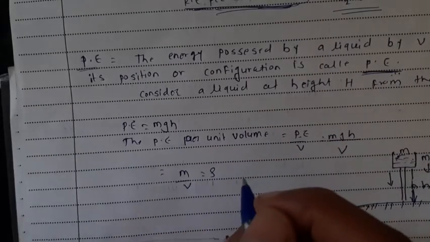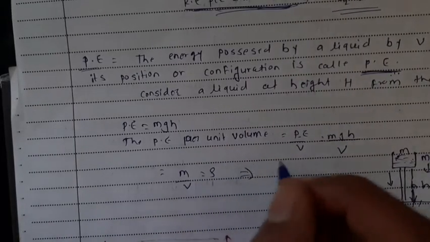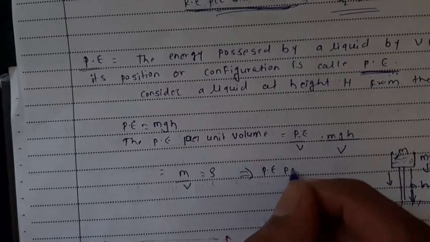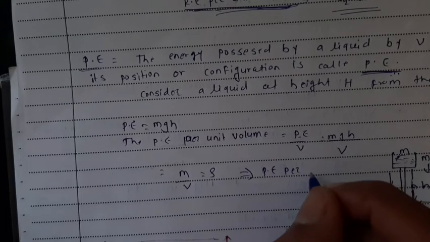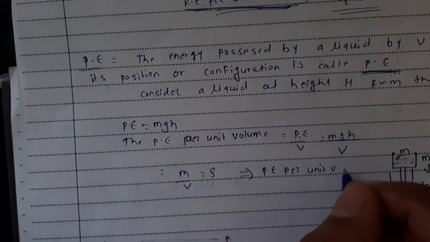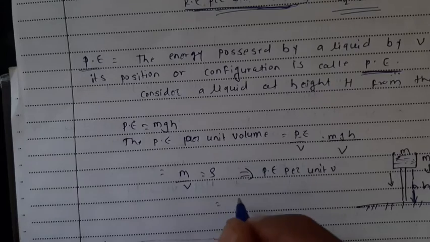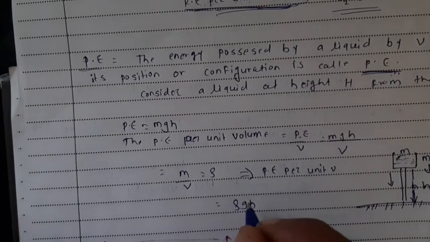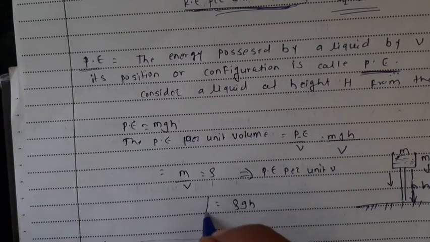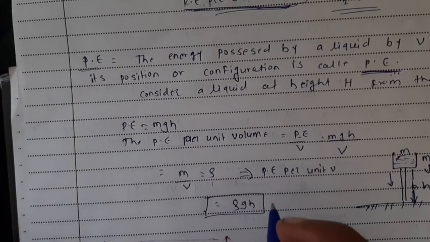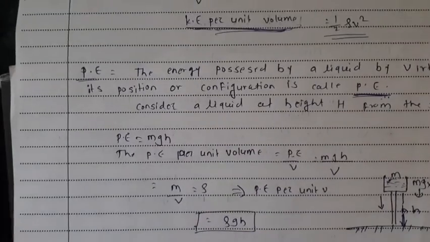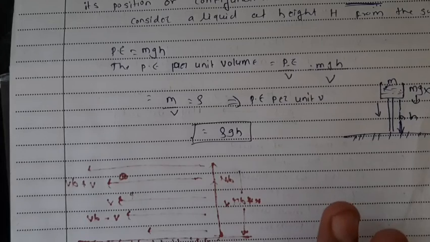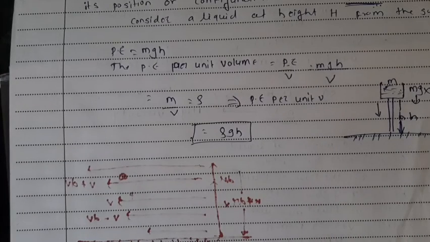So potential energy per unit volume is equal to m by V, which is rho, so we can write rho g h. This will be the next term which we will observe in Bernoulli's equation, that is, the potential energy per unit volume.